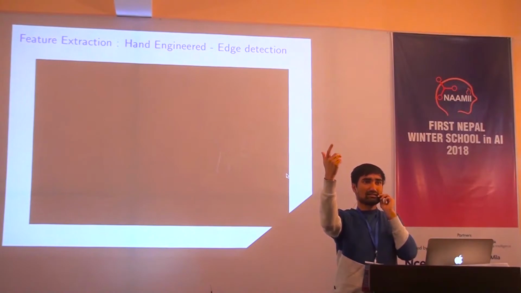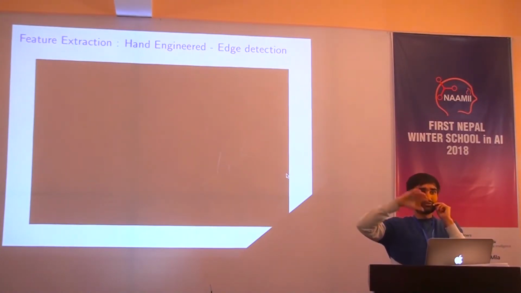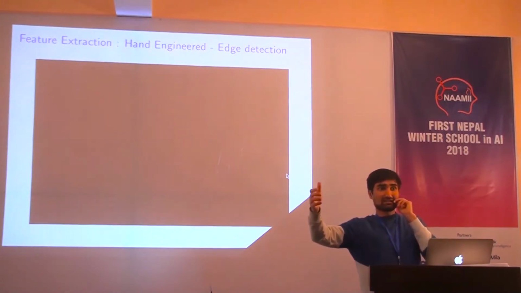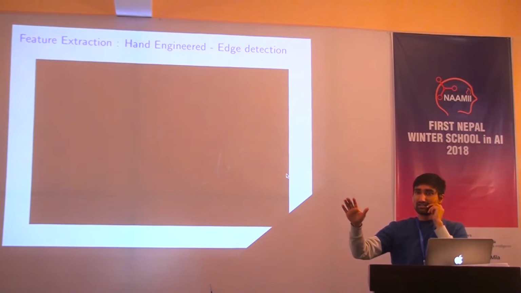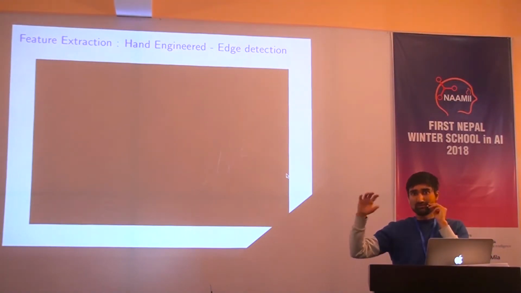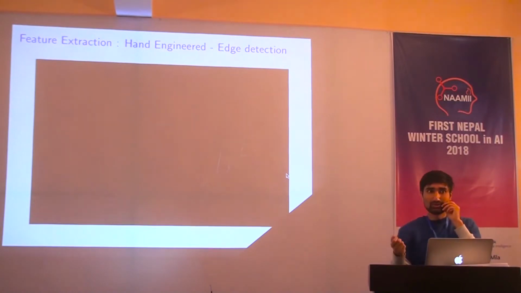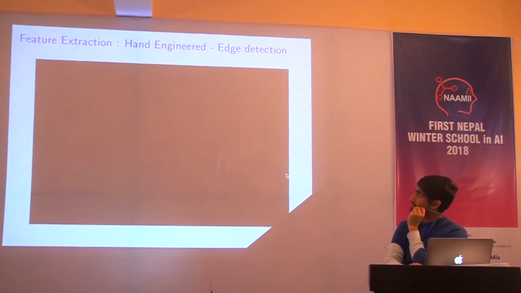Derivatives, gradients, right? Derivatives are mathematical structures with which we study the rate of change, and edges mean there are changes in pixel intensity. So why not use the derivative? That's one way of coming up with these ideas.